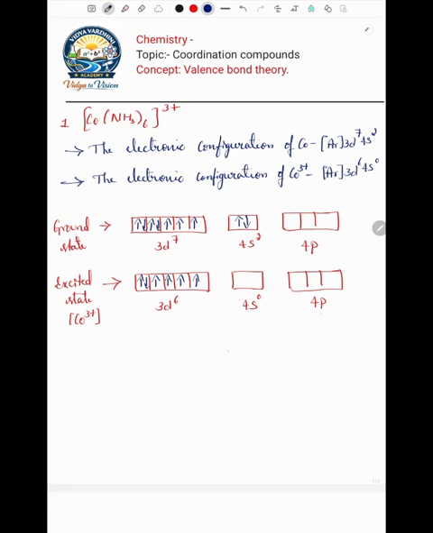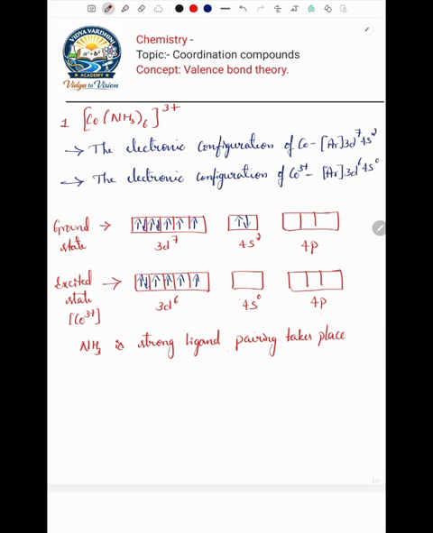Once we are done with this, we can clearly understand that the ligand attached to cobalt is ammonia. As NH3 is a strong ligand, pairing takes place. After the electrons are paired, one electron will be paired here, another electron here.